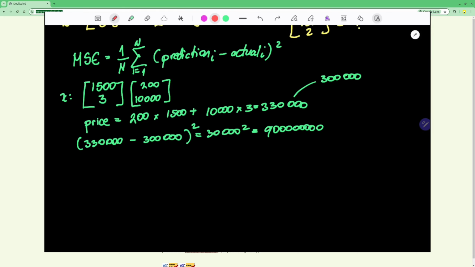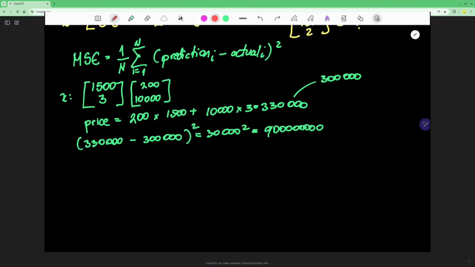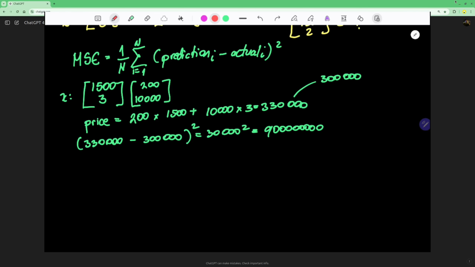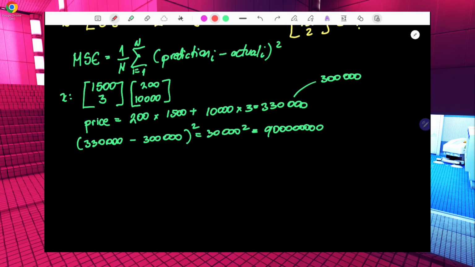I'll just open ChatGPT, so I can have it in case I need it. Regression. So what we can do here, we can initialize the vector with some random values.